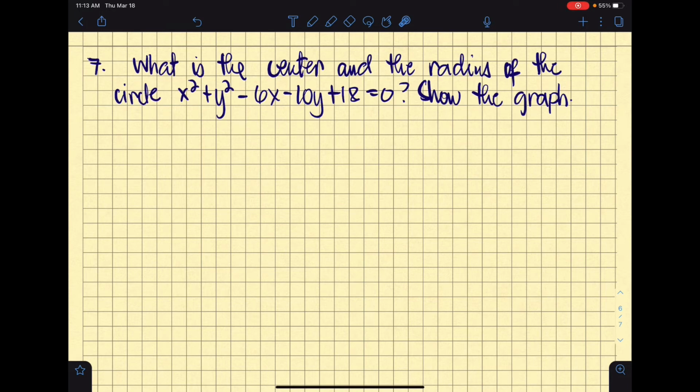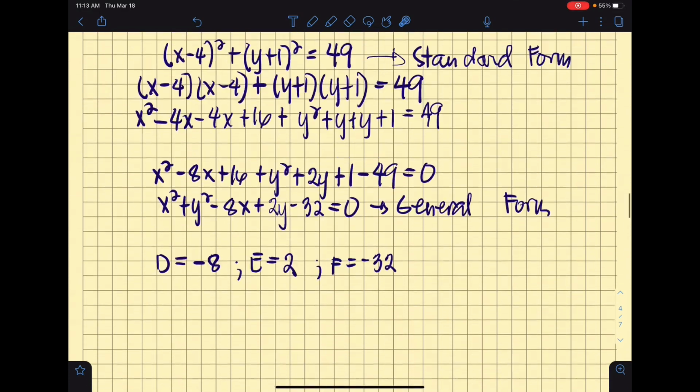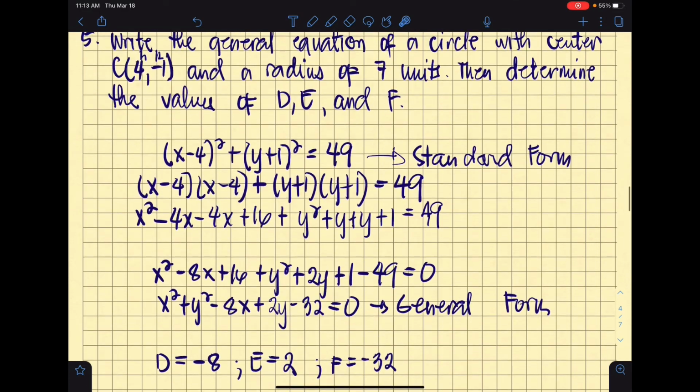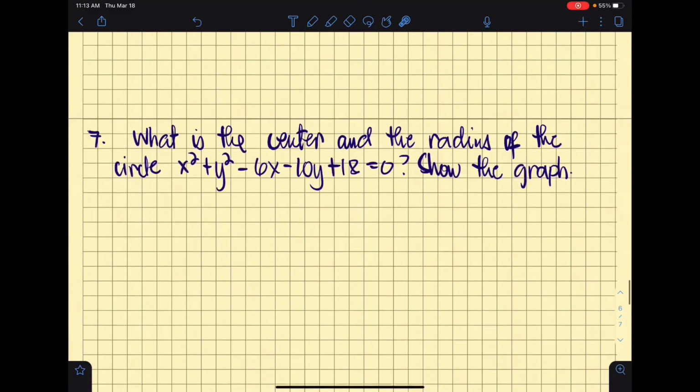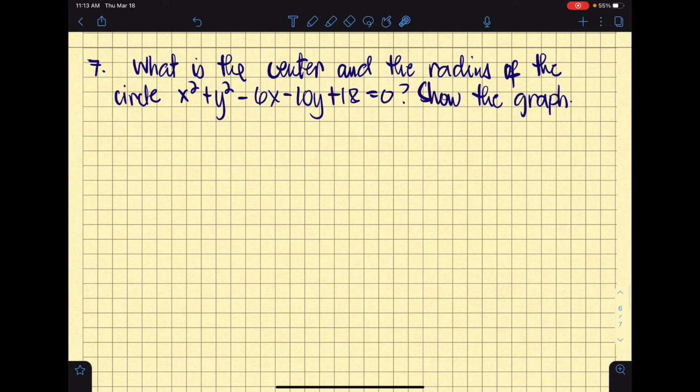So in the previous example, in number 5, you learned to transform standard to general form. In this last item, you're going to learn to transform general form to standard form. Of course, the method is just vice versa.